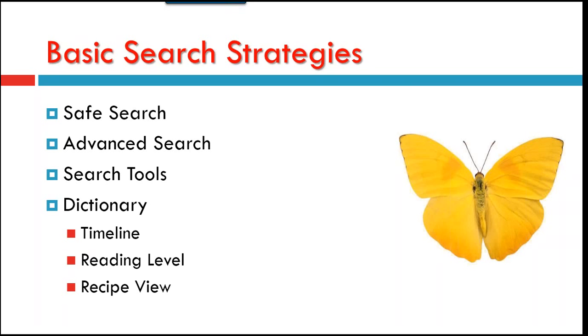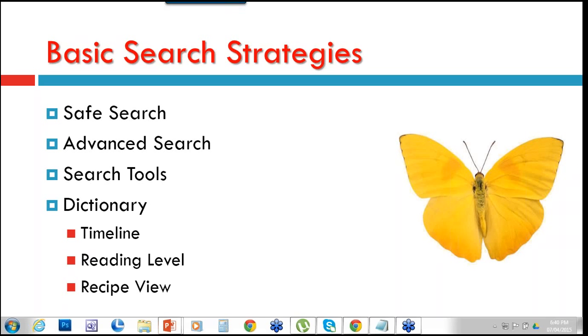Coming to today's webinar topic, it is a process where we keep the search engine very safe, so that sexually explicit content should not be seen by the student, and it should not be displayed in the results.